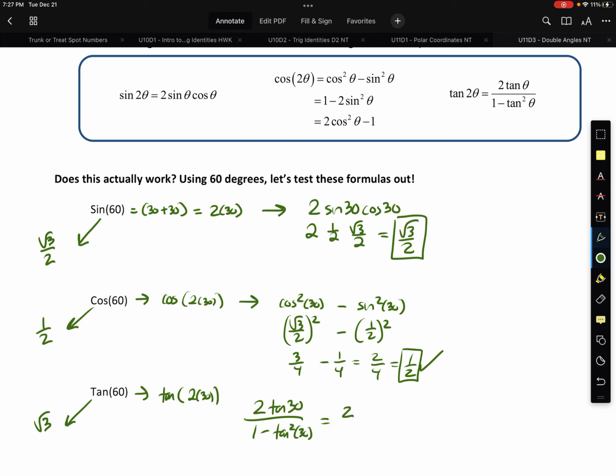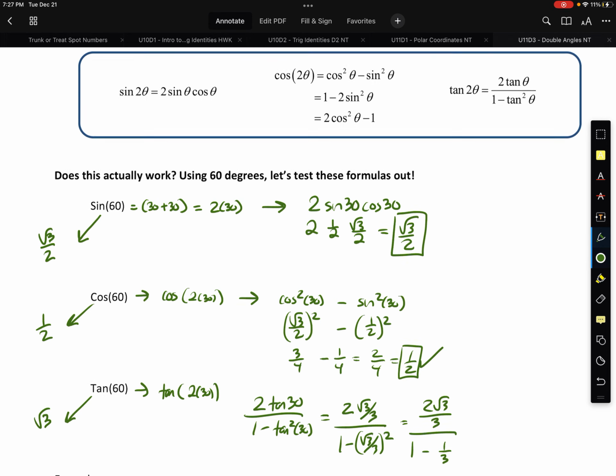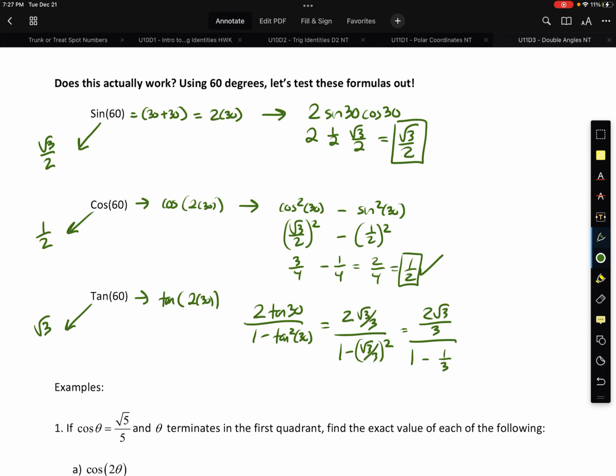Tan 30 is rad 3 over 3, so 2 rad 3 over 3 over 1 minus rad 3 over 3 squared, which is 1 minus 1/3, or 2/3.